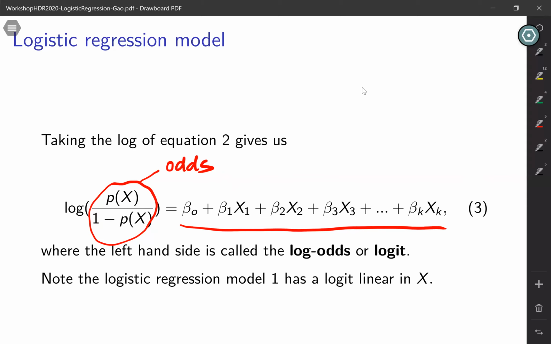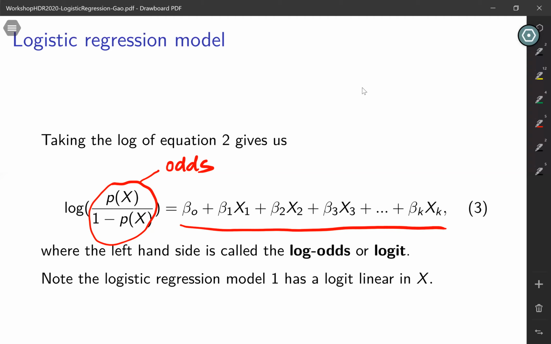So together you have k plus 1 betas, not just k betas, right? And now we can call the left hand side log odds, or you say logit. Usually we like to call it log odds, right?